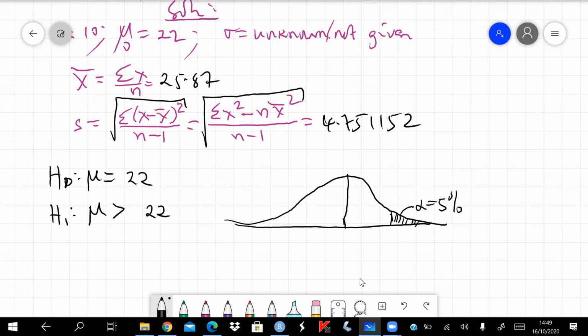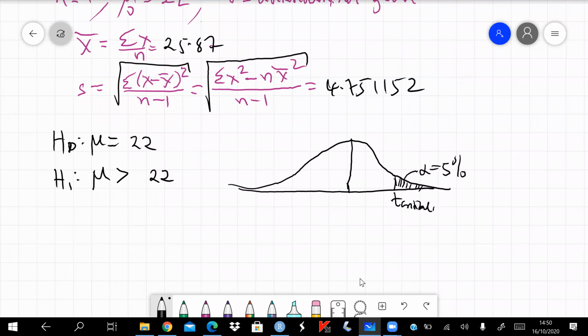Here we're going to use T critical, because we are working with a small sample. So our T statistic, which I'm going to call T calc to avoid confusion, will be given by X bar minus mu naught over S over root n.